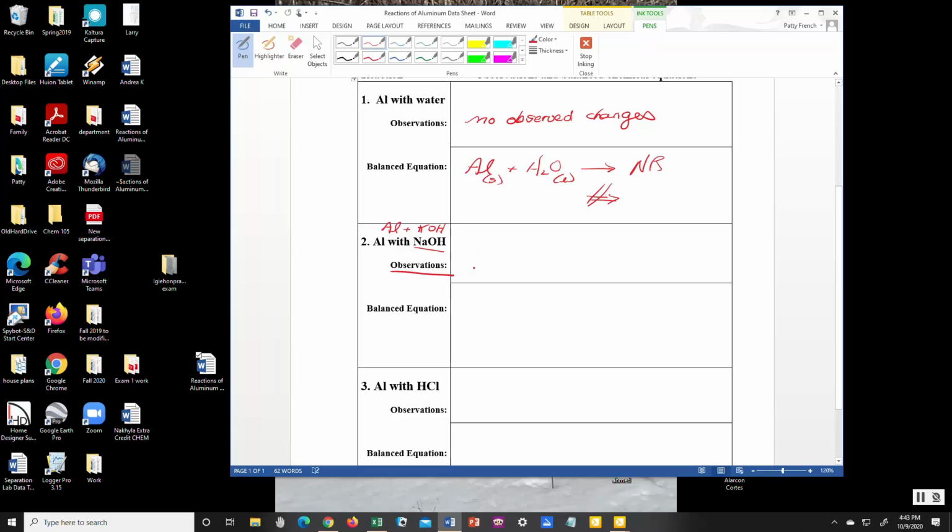What we saw was bubbling. So obviously there was some gas being given off. So what was the gas?